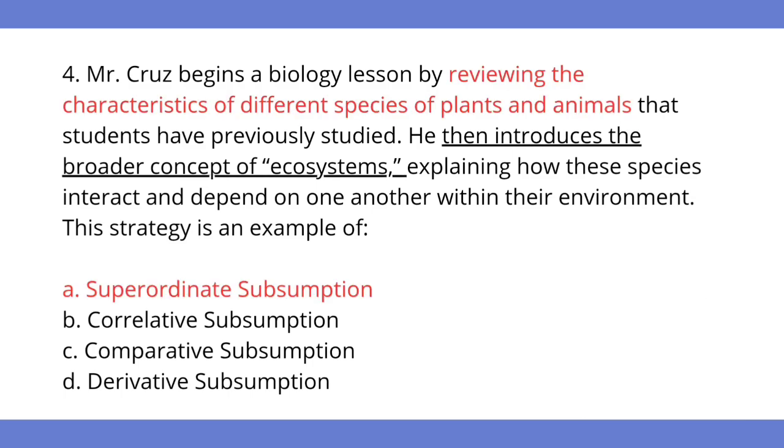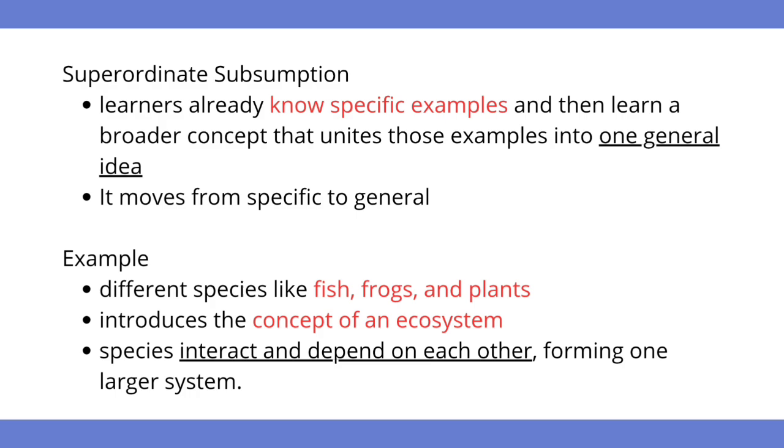The correct answer is letter A. Superordinate subsumption. It occurs when learners already know specific examples and then learn a broader concept that unites those examples into one general idea. It moves from specific to general, helping students organize and understand information at a higher level. For example, the students already know about different species like fish, frogs, and plants.